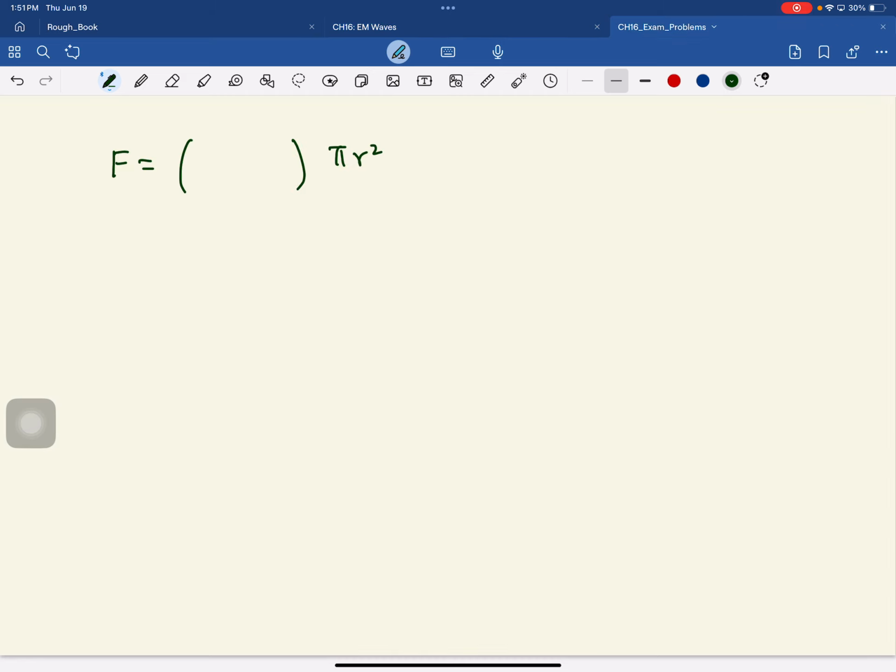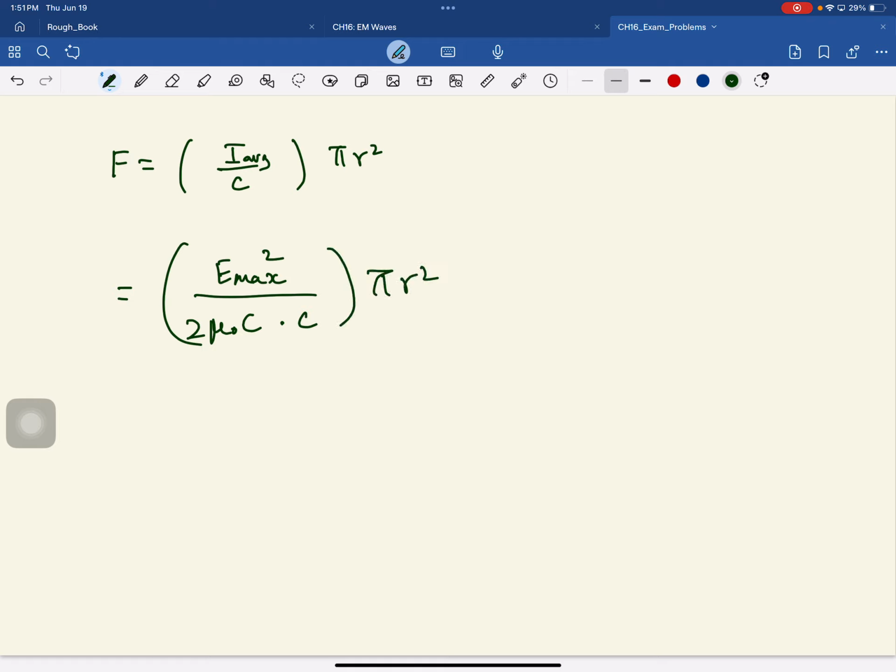So when you're absorbing, it's intensity divided by C, which is average intensity, which is E max square divided by 2 mu naught C, times C times C.